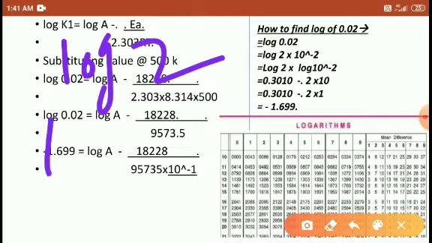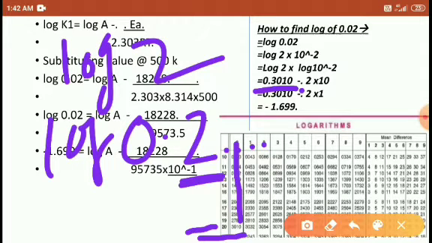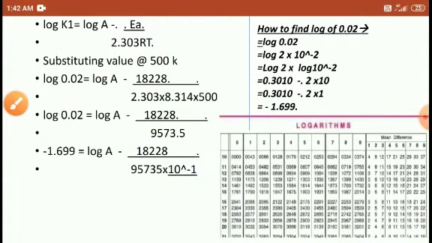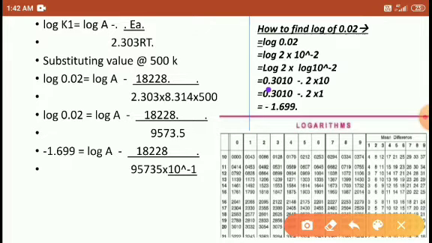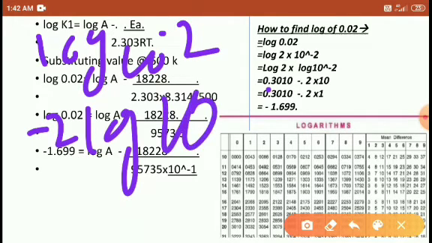Log 2 means you have to look up the log of 0.2. 2 means 20, so the 20 row, and after 2 there is no digit, so the 0th column. This is 3010, so 0.3010, because one digit is there, and log 10 to the power of minus 2 means minus 2 log 10.